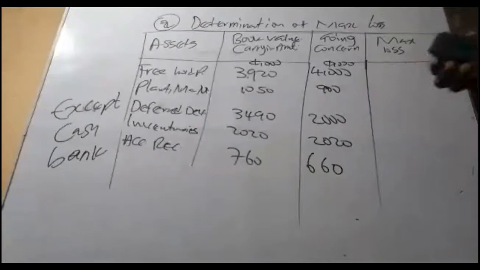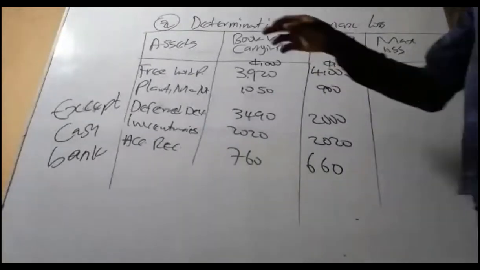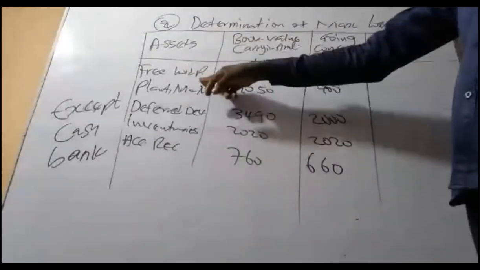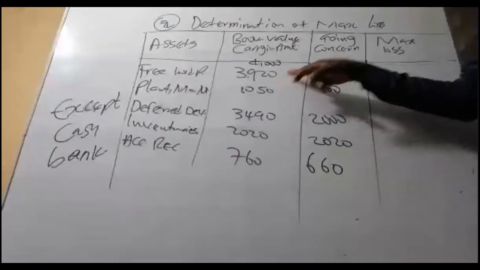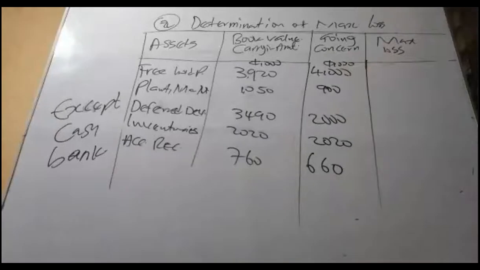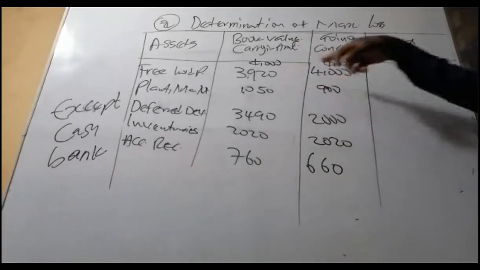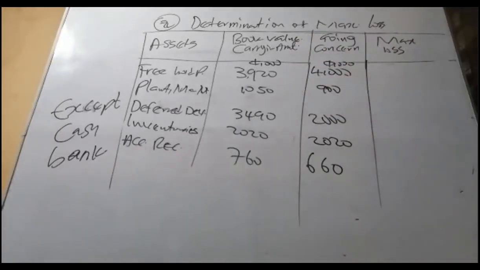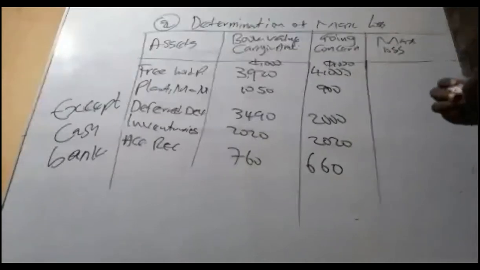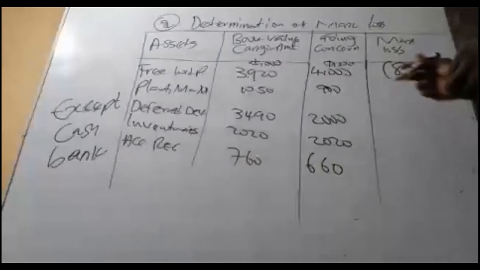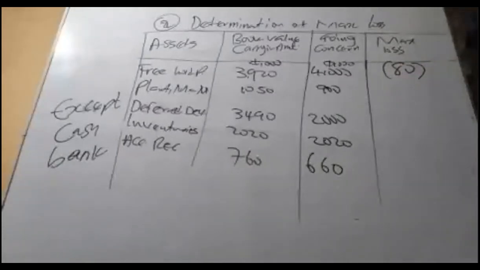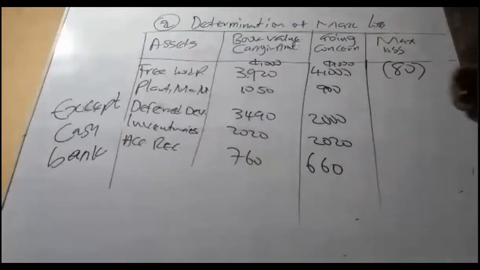So let's see. So freehold property, the book value is 3920, but the going concern value is 4,000. So this figure minus this will give us 80, right? So that will be negative. Negative means a gain, not a loss. Here, all the losses are in positive. Why is it a gain?